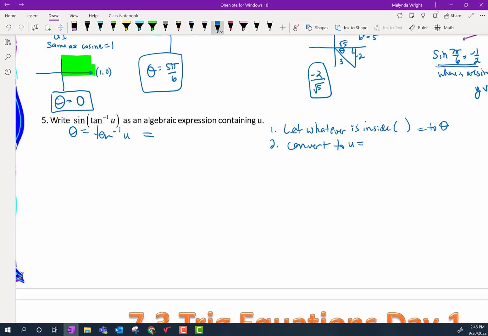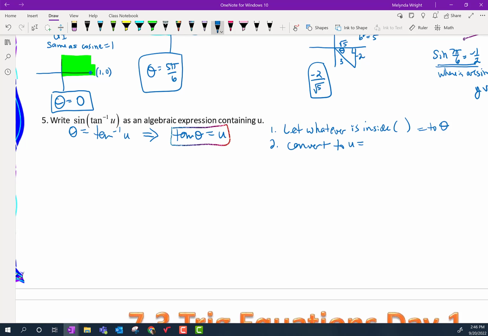So I'm going to put an arrow here, and I know that if I switch the theta and the u, I am making the inverse. So tangent of theta equals u. This is significant. This is going to guide you through the whole rest of the problem. If you haven't written it down, you won't have any guidance. Okay so far.